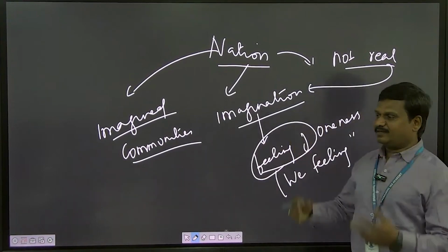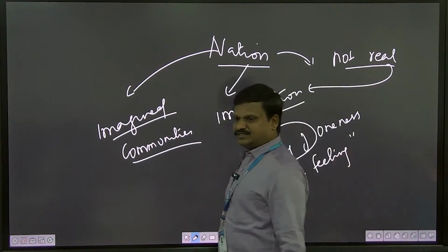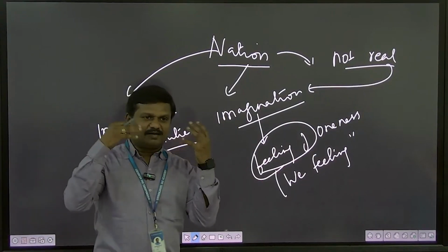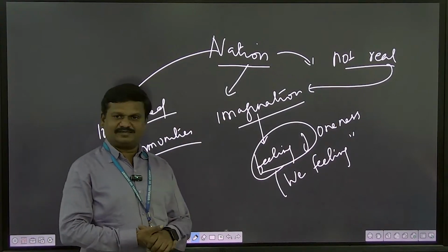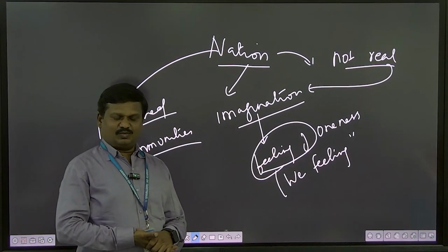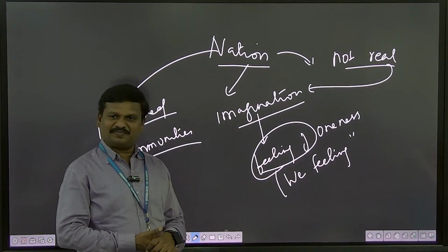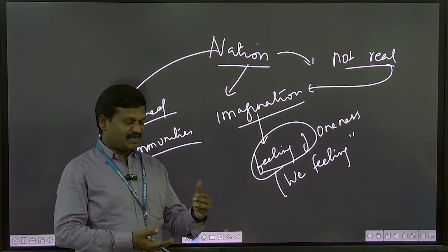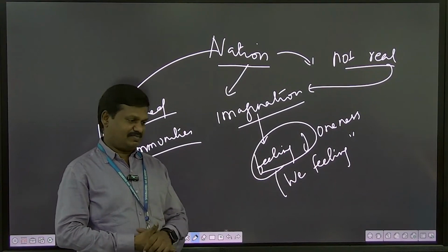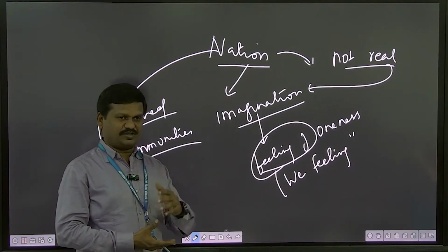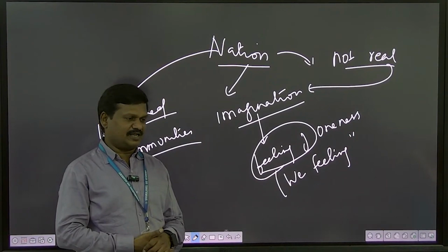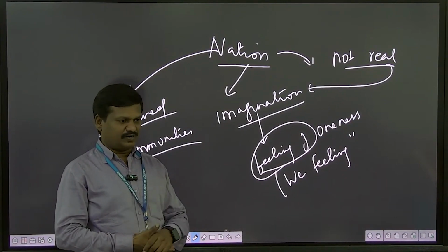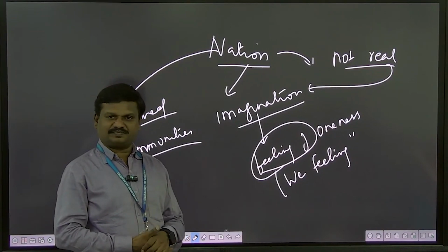It is an idea that we are all Indians. We are all one. It's an idea. It comes out of imagination. Why that imagination should come? That imagination actually came in 18th century. Sociologists are telling 18th century, 19th century only that imagination came.